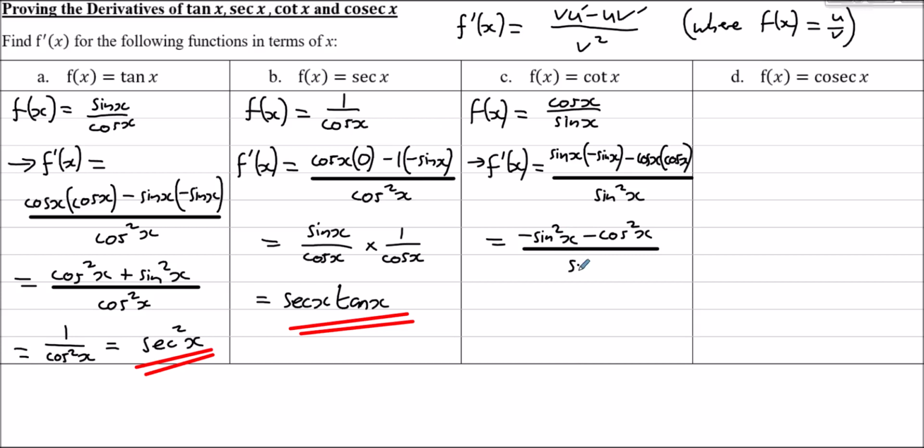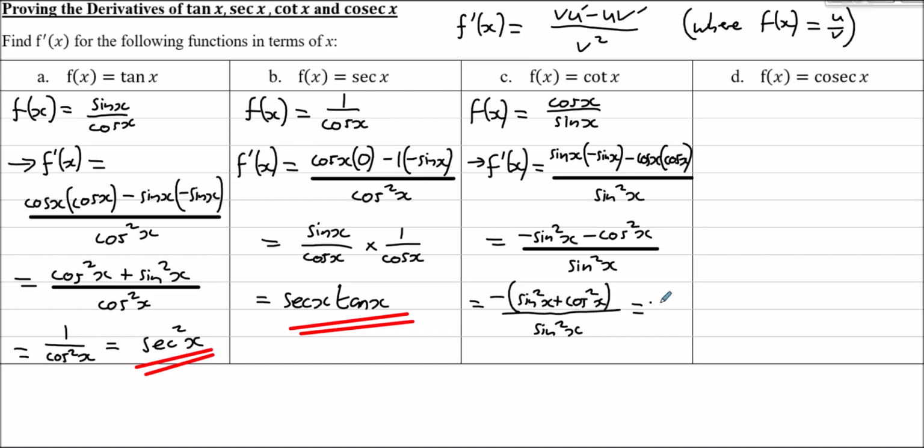And again, the denominator we can keep as sine squared x, but the numerator should get us thinking. I can factorize out a minus here, so it's going to be minus sine squared plus cos squared of x, all over sine squared x. And of course, sine squared plus cos squared equals 1.